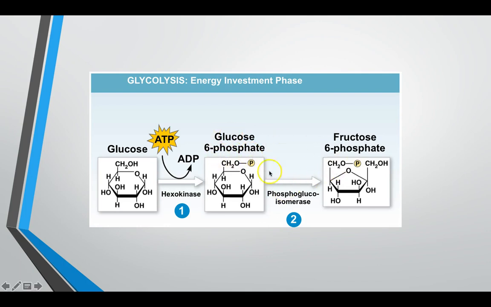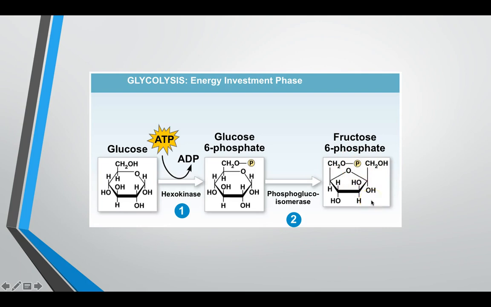So the name of this isomerase is phospho for the phosphate, gluco because it came from glucose, isomerase. The only difference between the second substrate and the third one is this is glucose and this is fructose.